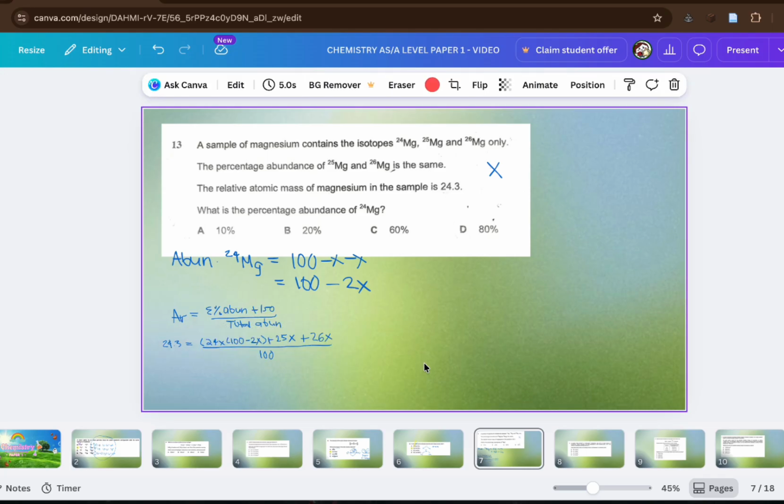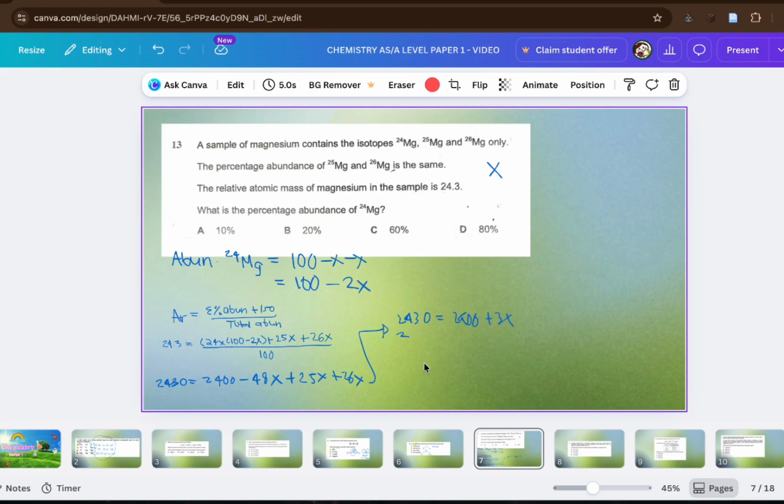Okay, we multiply both sides by 100. 2400 minus 48x plus 25x plus 26x, which will result in 2,430 equals 2,400 plus 3x.